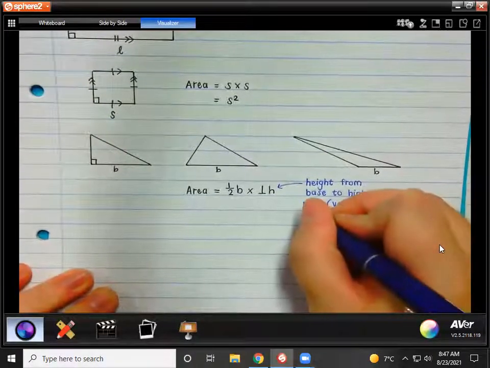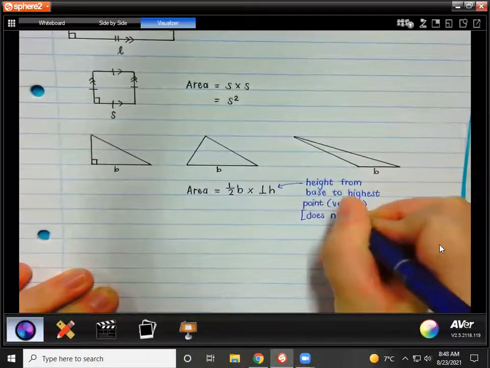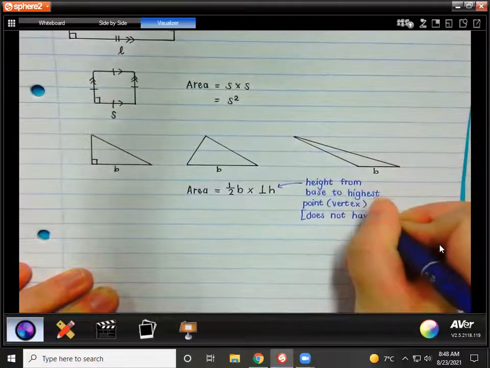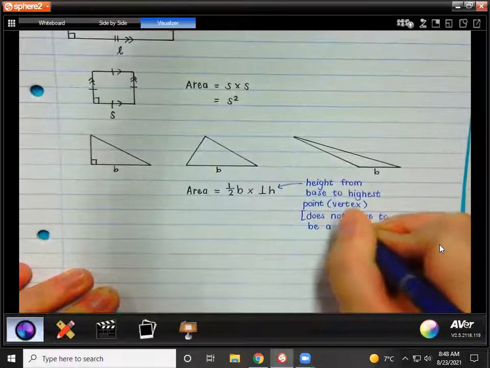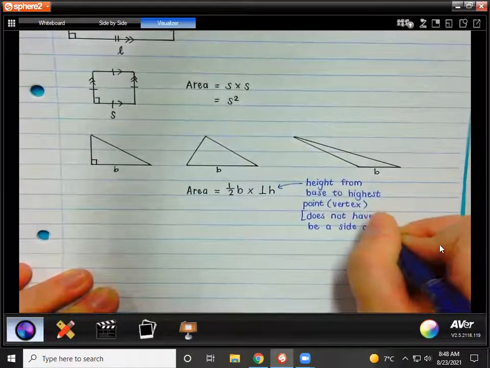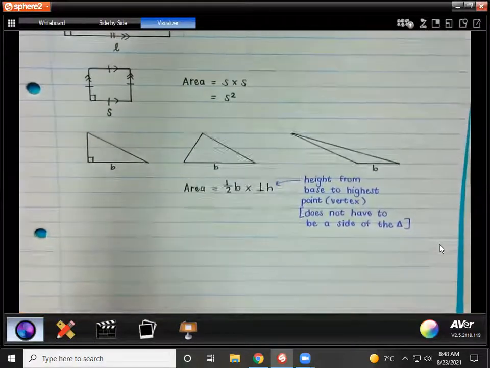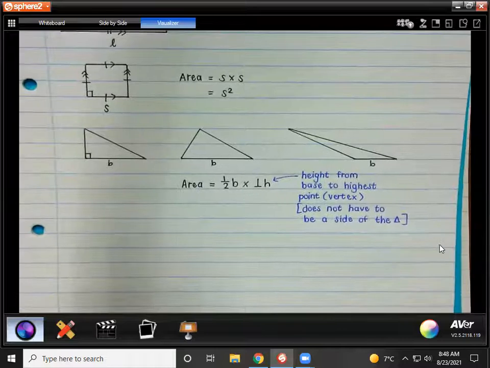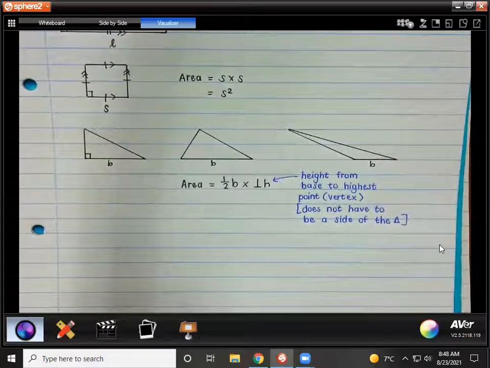Now guys, the perpendicular height does not have to be a side of the triangle. It's not actually a side, guys.